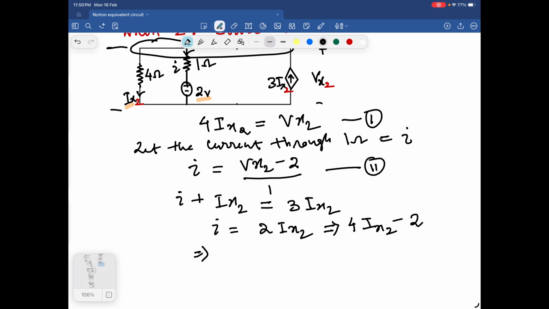From this I can write 2Ix2 is equal to 2, so Ix2 is equal to 1 ampere.